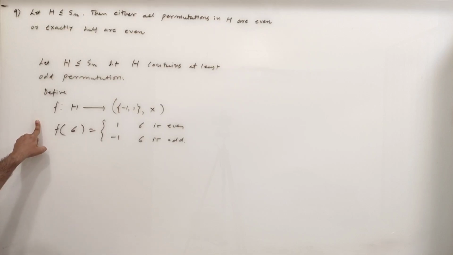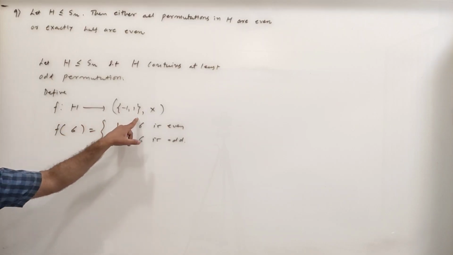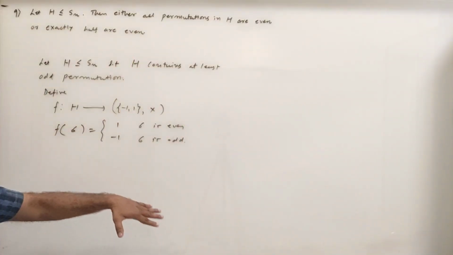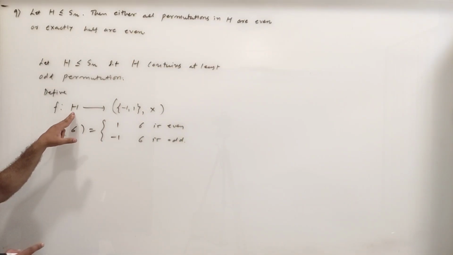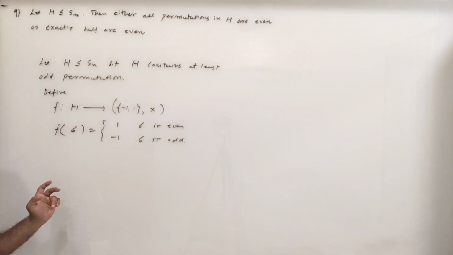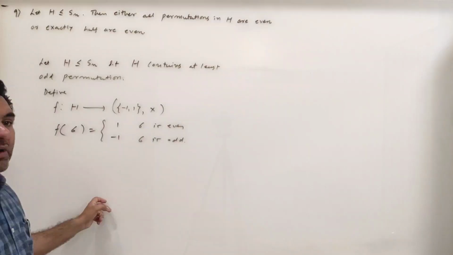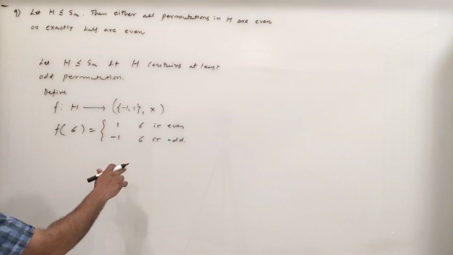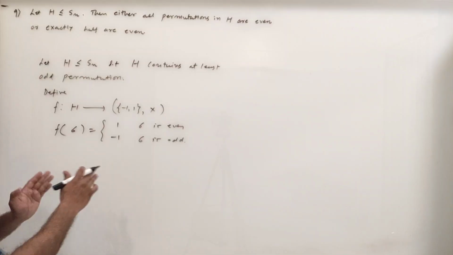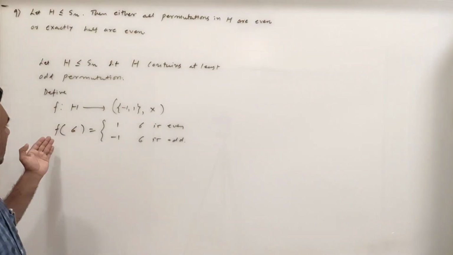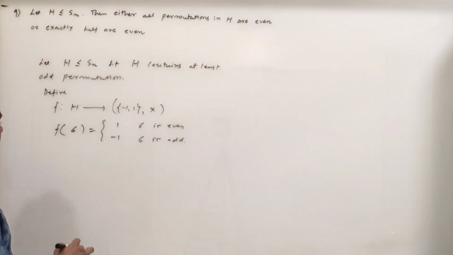It will be a homomorphism, and we had defined this from Sn to here, and it becomes a homomorphism. So by the same argument, you take any two members from H, sigma and mu. If both are even, if both are odd, one odd, one even, you find sigma into mu, odd into odd, odd into even, even into even, and apply the definition of f, and you can verify.